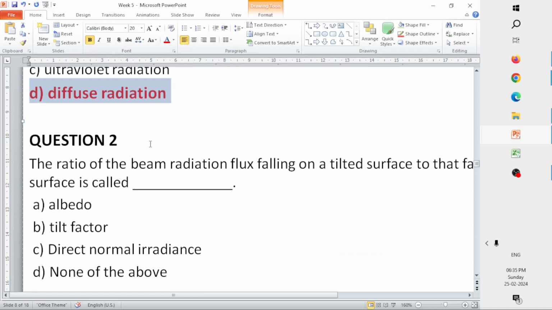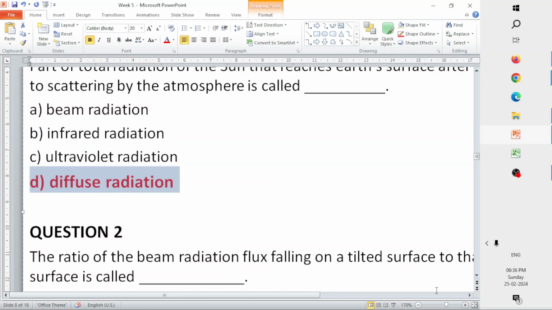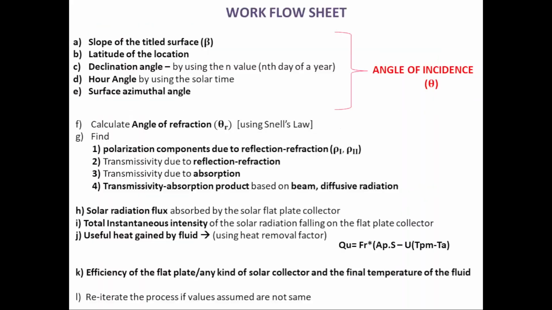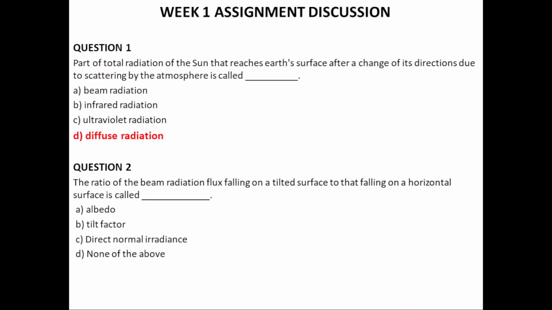Now you move on to the next question. The ratio of the beam radiation flux falling onto the tilted surface to that falling onto your horizontal surface is called.